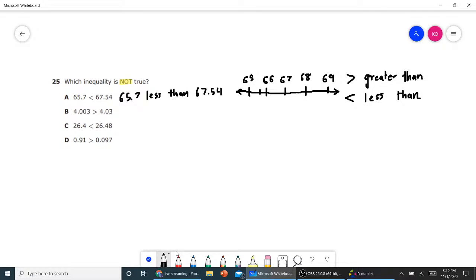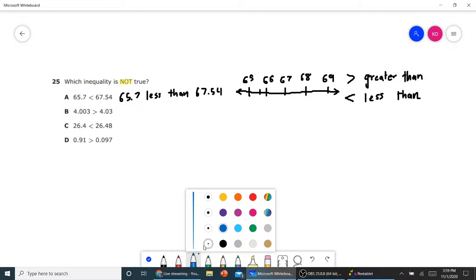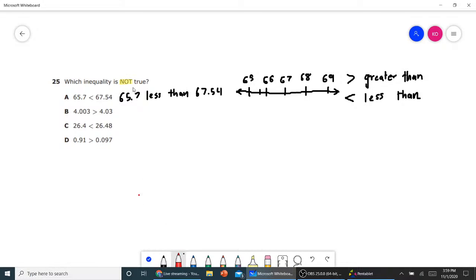And let me just color code this really quickly. Okay, so this would be red, and this will be blue. So red is right here, and blue, 67.54, that would be right here.